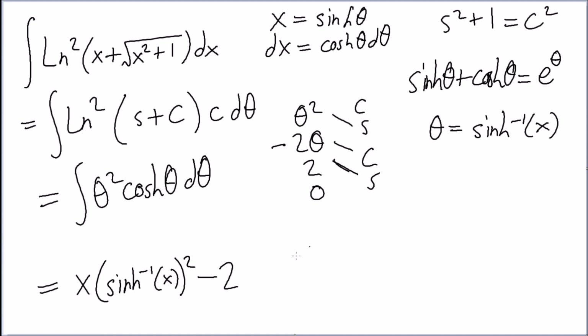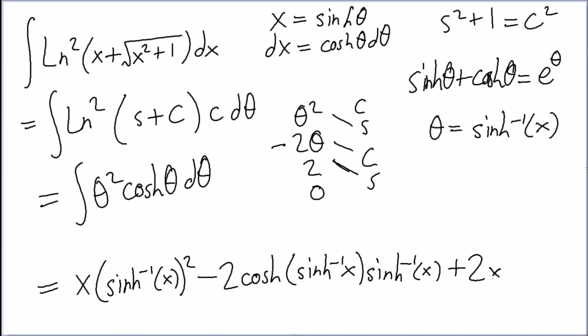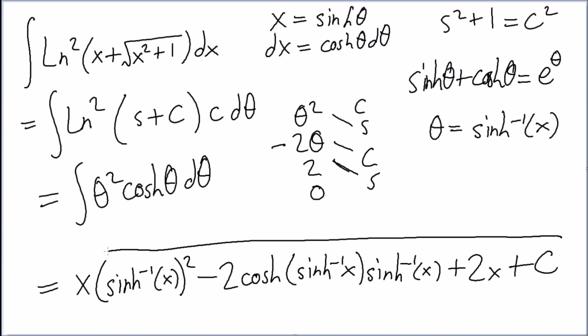I'm not even going to bother simplifying it, so I'm just going to put 2 cosh of inverse sinh, and then inverse sinh, and then plus 2x, because sinh theta is x. And I guess this is our answer.